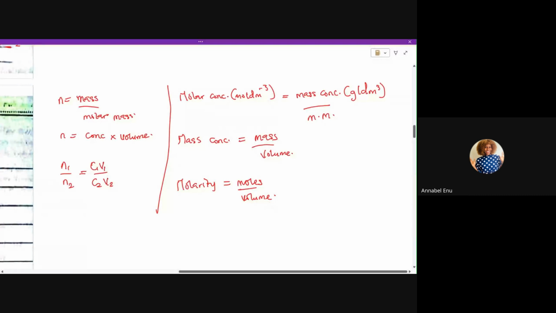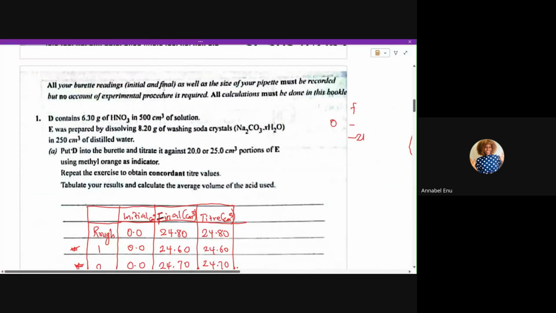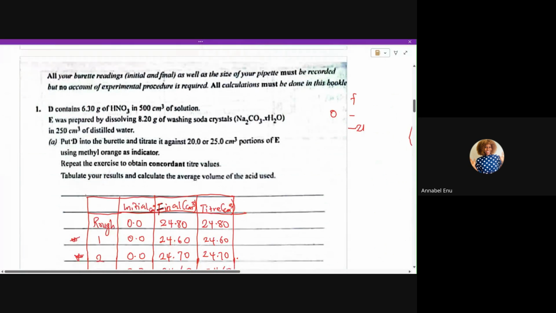So sometimes when you see certain questions, you ask yourself which of these formulas will favor me, would work for this question. Okay. Now, if we are dealing with the concentration of E, now we'll go back. Let us see what E is. E is our base, Na2CO3.